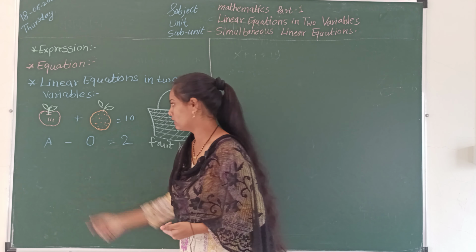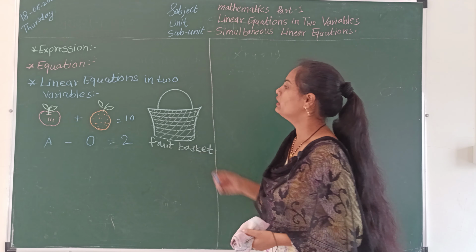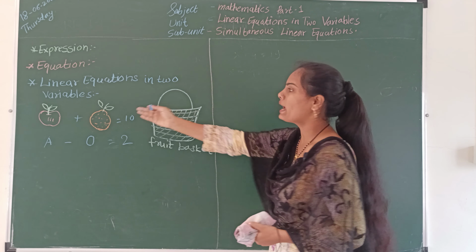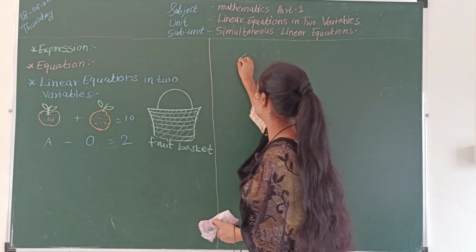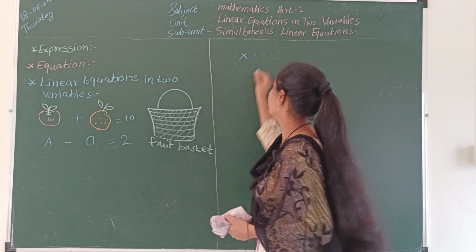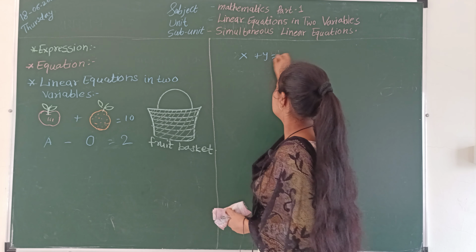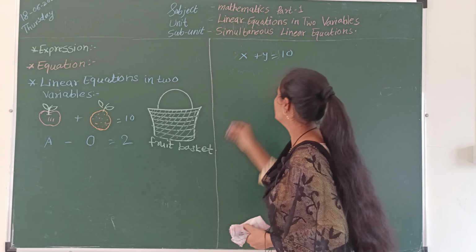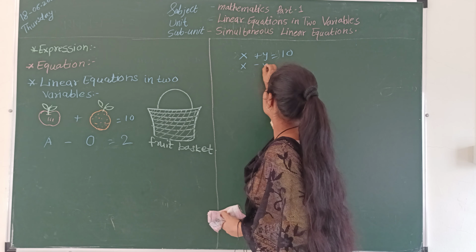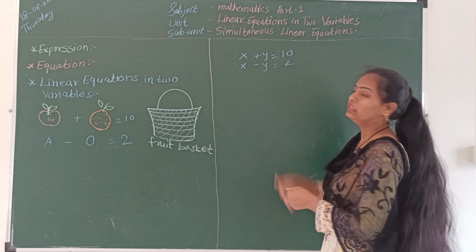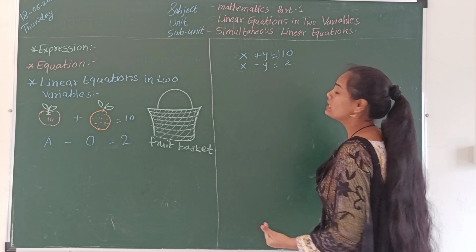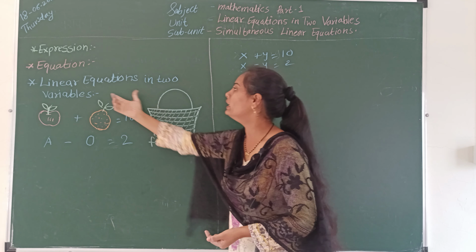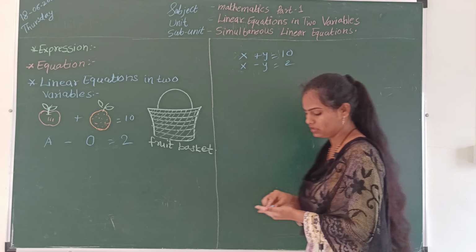Now I will write it in variables. Suppose apples means x and oranges means y. x plus y is equal to 10, and x minus y is equal to 2. This is our pair of equations. That's why this is a linear equation in 2 variables.